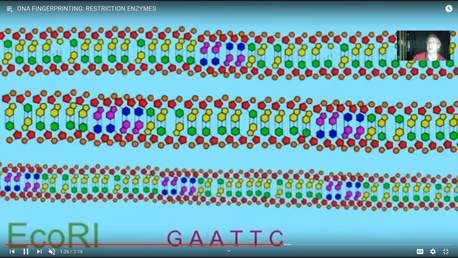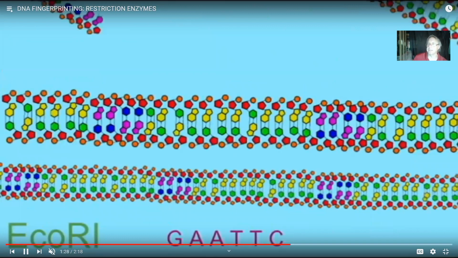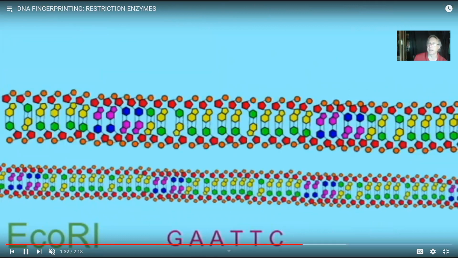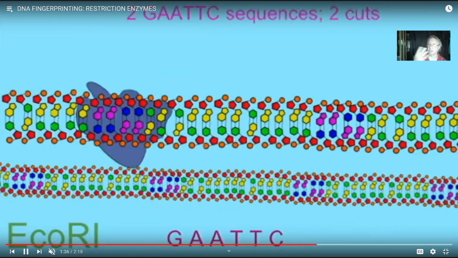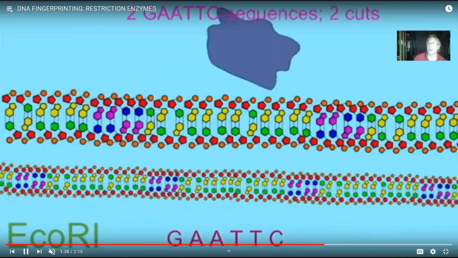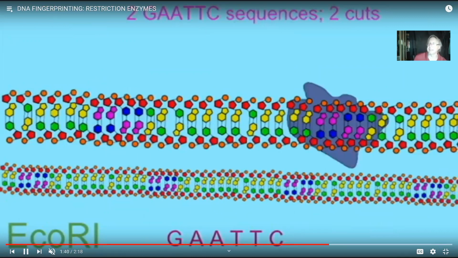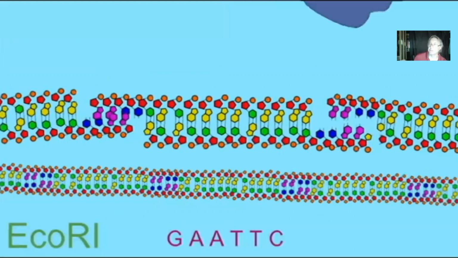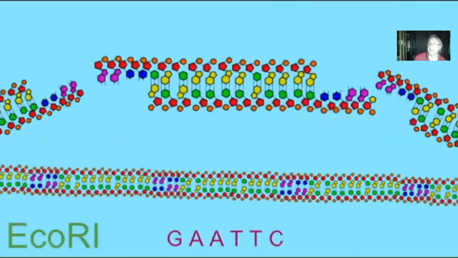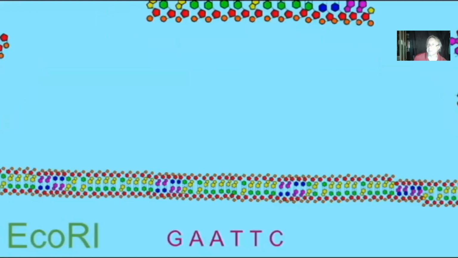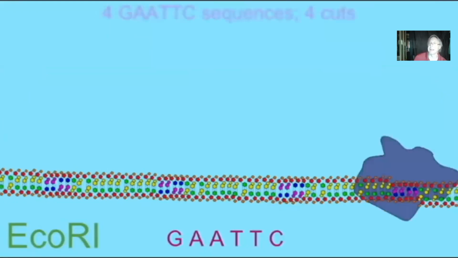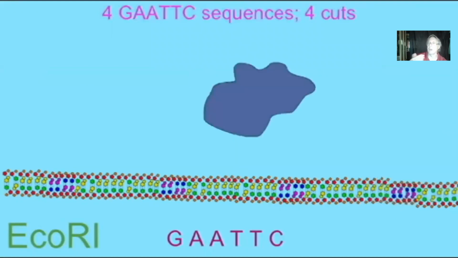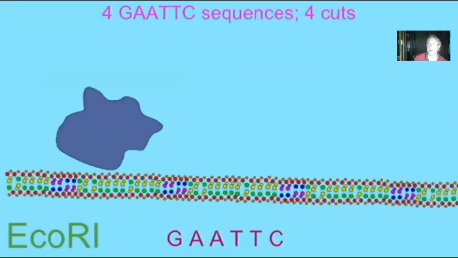So that top DNA sequence had one of the sequences recognized by the enzyme, so one cut was made. This next sequence has two such sequences that the enzyme recognizes, so two cuts are made, etc. And this is repeatable. So if you were to take the same sample of DNA and a year later, 5 years later, cut it again with the same restriction enzyme, you would get the exact same pattern of cuts.